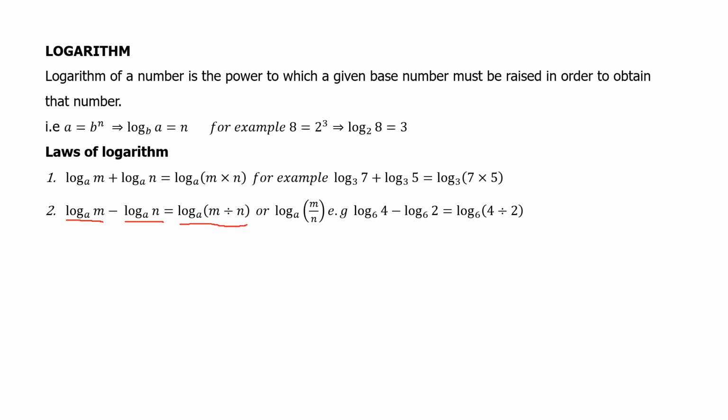An example there, we are having log of 4 base 6 minus log of 2 base 6. The bases are the same, so we can divide these ones here. So this is what we have there, log of 4 divided by 2 base 6.